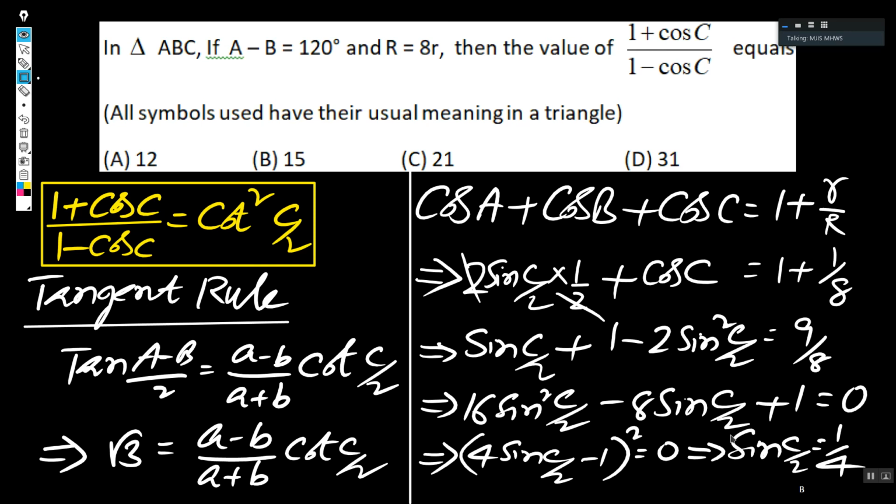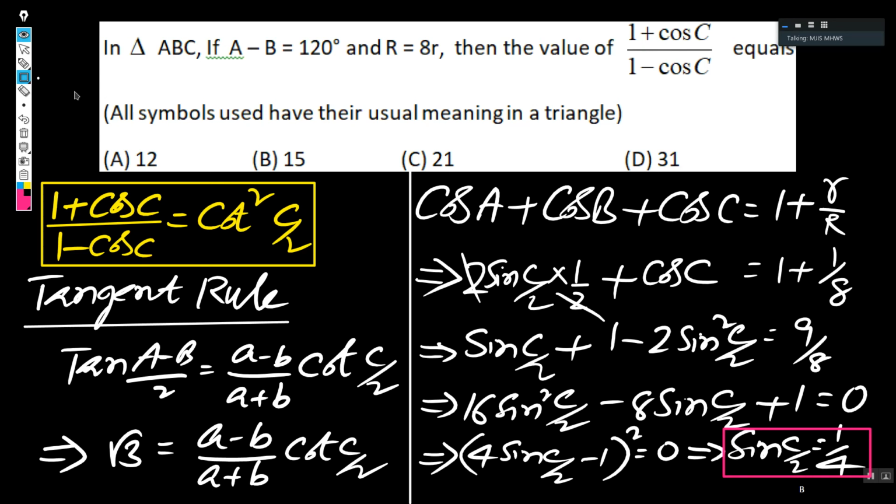That's it. If you know sin C by 2, the rest of them you can find out. We need (1 plus cos C) by (1 minus cos C). Anyone, can you tell me the final answer now? I got it: sin C by 2. There is no use with the other one, I think, because I got the idea from a minus b being given there. Sin C by 2 you got, and thereby you can write cos C by 2 also.